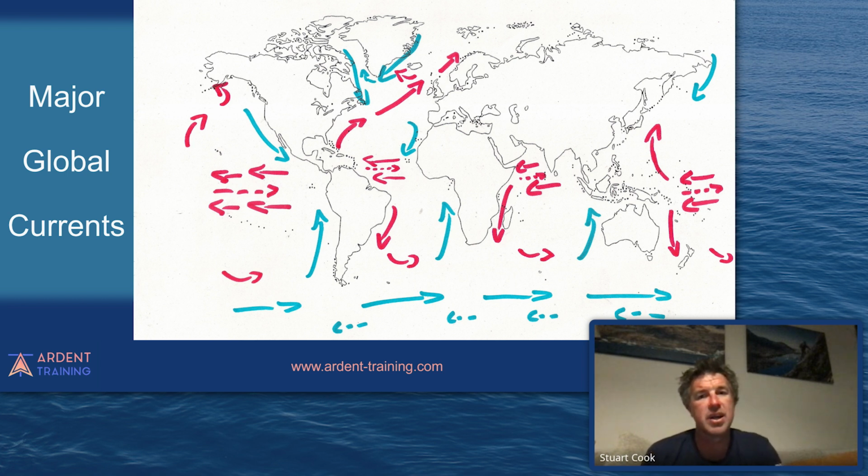What we've got here is red is the warmer ocean currents, and blue is the cooler ones. And again, you can see ocean to ocean, there's a little bit of similarity between them. The reason that you might look at that and think, well, how is there a cold current going across the Canaries?